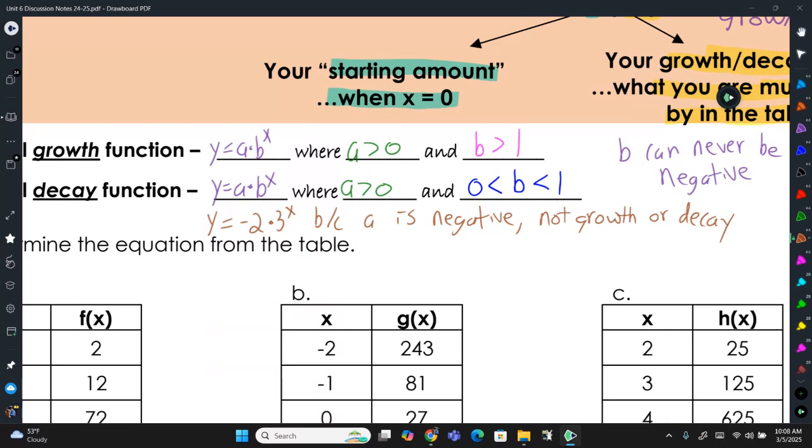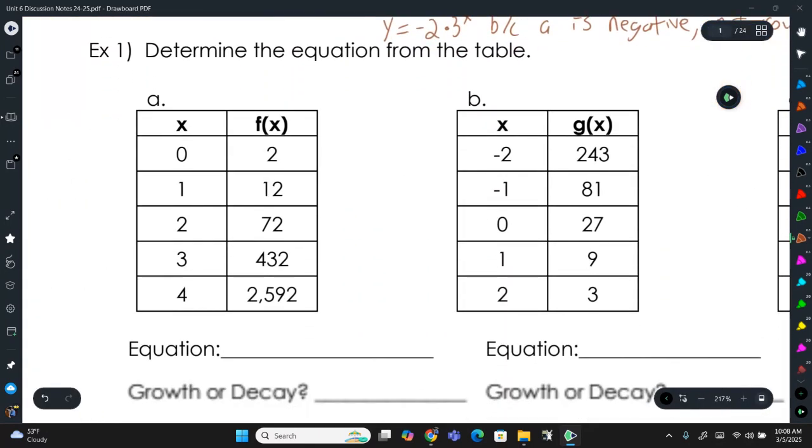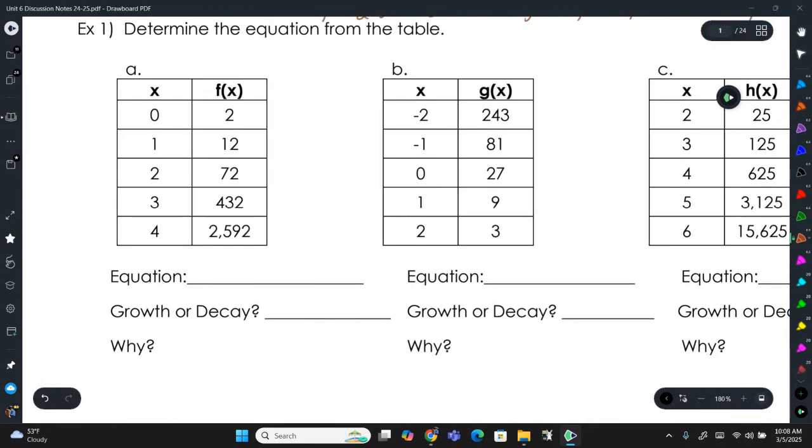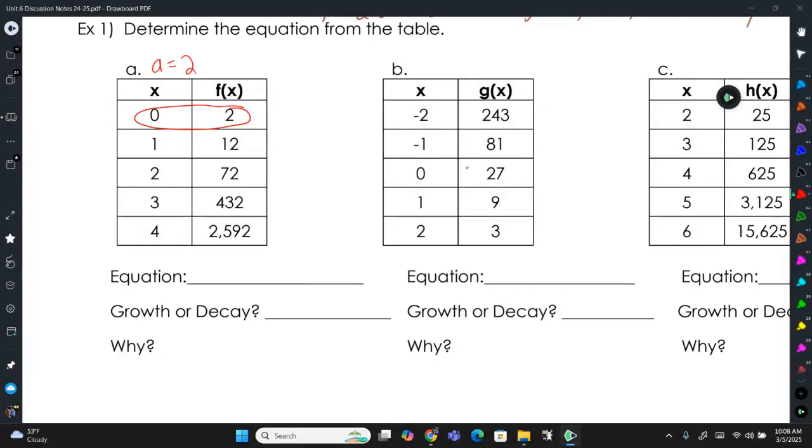So what we're going to do is write exponential functions from a table. And what we need here is an a value and a b value. So our a value always occurs when x is 0. So our a value is 2. When x is 0, f of x or y is 2.